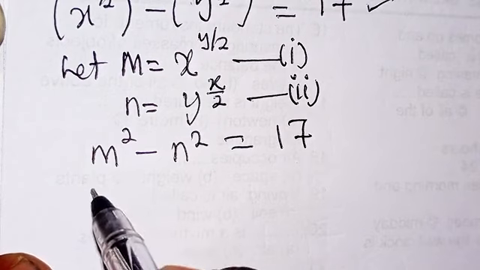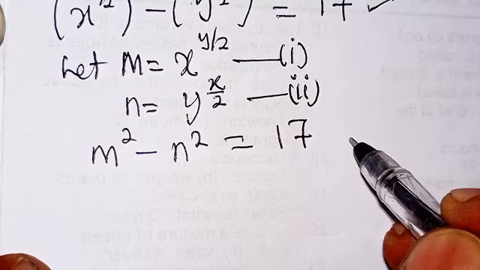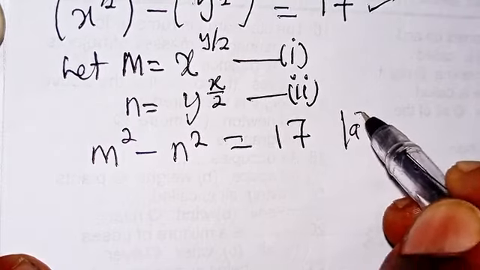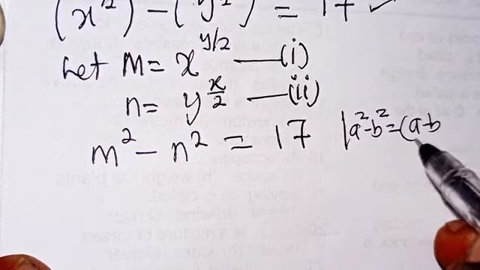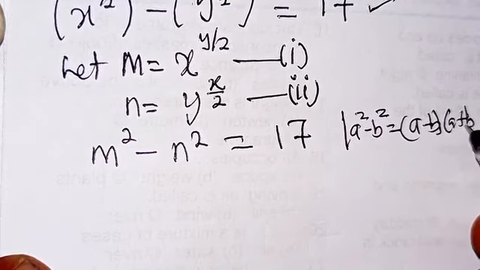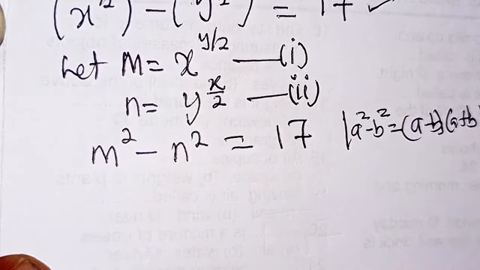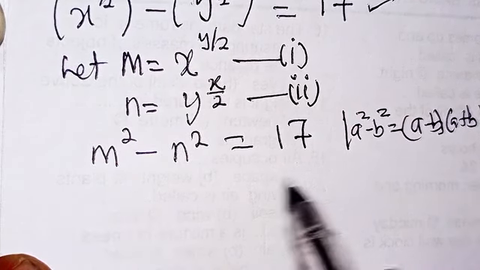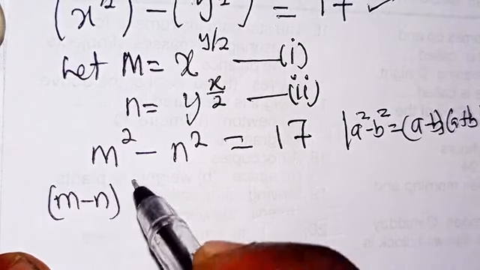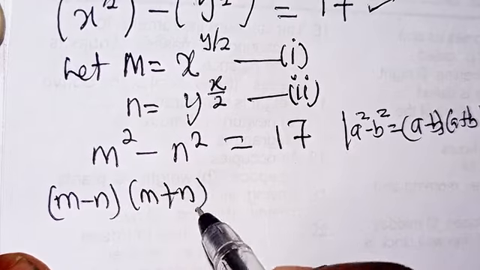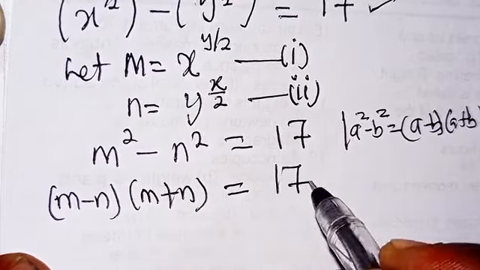Okay, so now if m squared minus n squared equals 17, this can be written as, because this is a difference of two squares, we have a squared minus b squared. This is going to be a minus b then a plus b. That's the difference of two squares. So we are going to do the same thing here. We are going to have m minus n then m plus n equals 17.